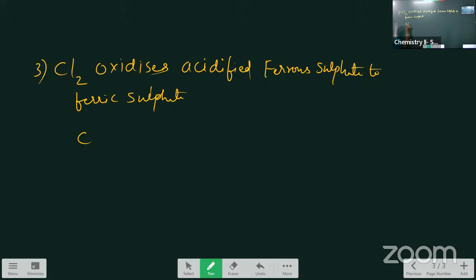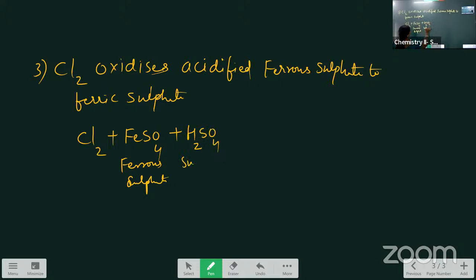Equation: Cl2 plus ferrous sulfate, FeSO4. So this is ferrous sulfate. Acidified means in the presence of acid, so we are going to take sulfuric acid. So this ferrous sulfate is getting oxidized to ferric sulfate. So what is ferric sulfate?